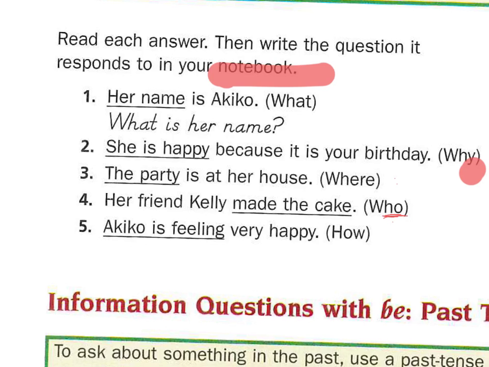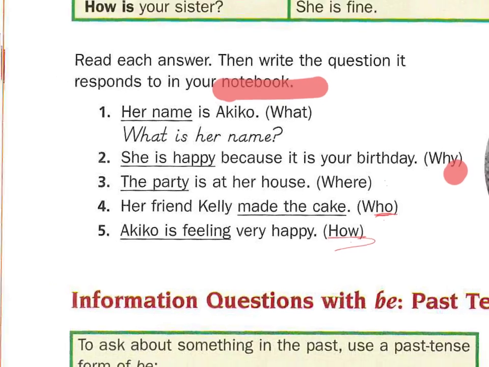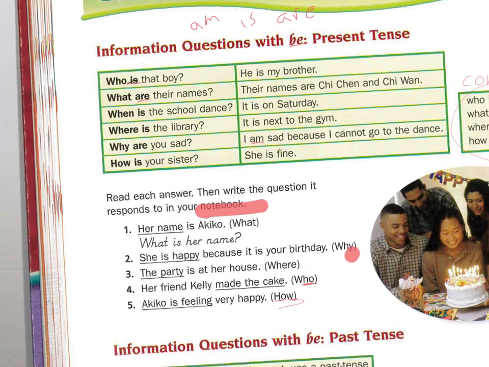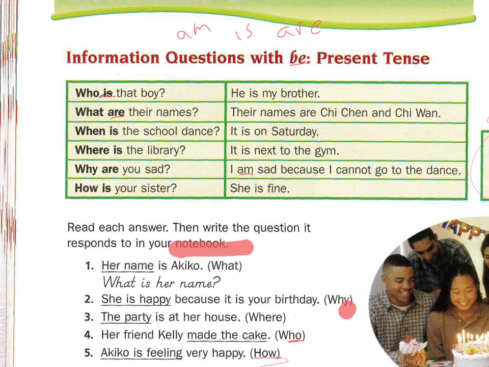Akiko is feeling very happy. How is Akiko feeling? So make sure you've written that in your notebook. Study, study. Make sure you practice saying the questions and the answers. Practice the contractions.